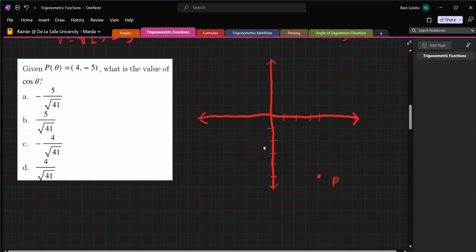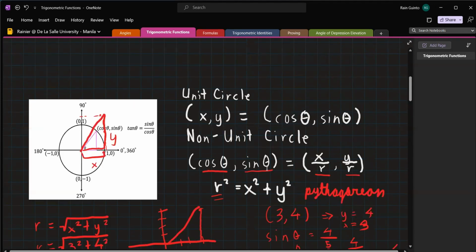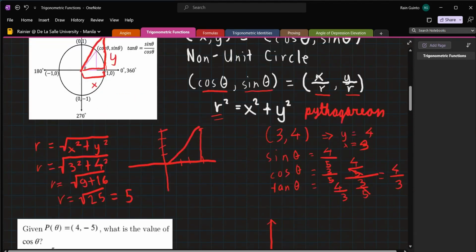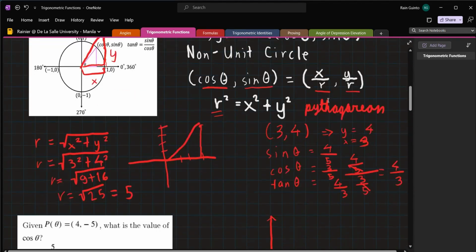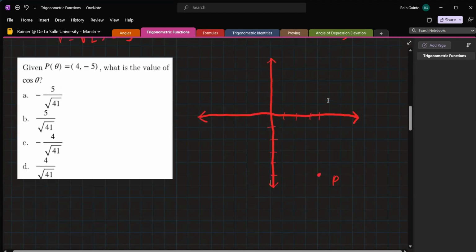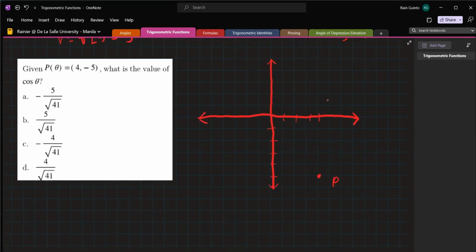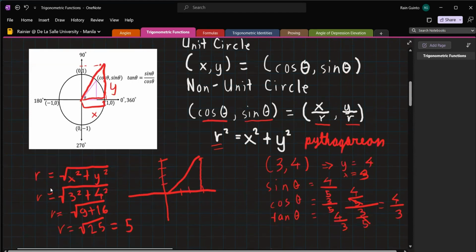Okay, now the problem asks us to find its cosine. And from above, let's take a look. Cosine of a non-unit circle is its x-coordinate divided by its distance from the origin. So we still don't know what its distance is, so let's solve for it. R equals square root of x squared plus y squared. I'm just using the more direct version of r squared equals x squared plus y squared, which I explained over here.